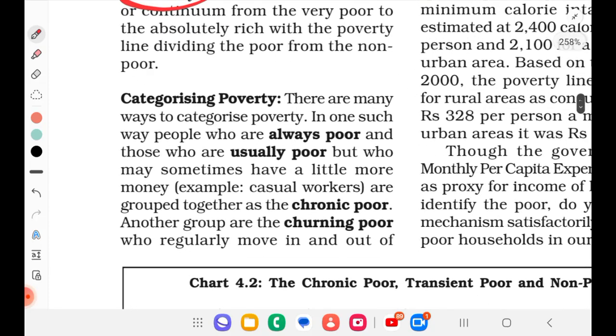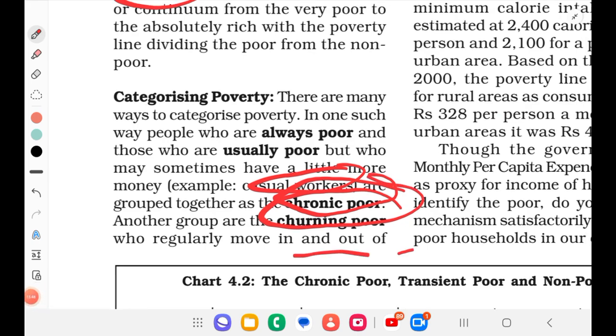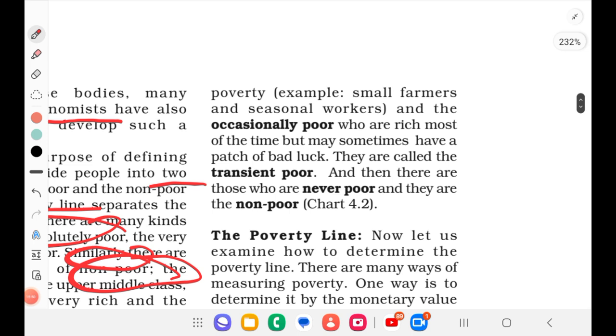Categorizing poverty. There are many ways to categorize poverty. In one such way, people who are always poor and those who are usually poor but who may sometimes have a little more money, for example casual workers, are grouped together as the chronic poor. Another group are the churning poor, who regularly move in and out of poverty, for example small farmers and seasonal workers.